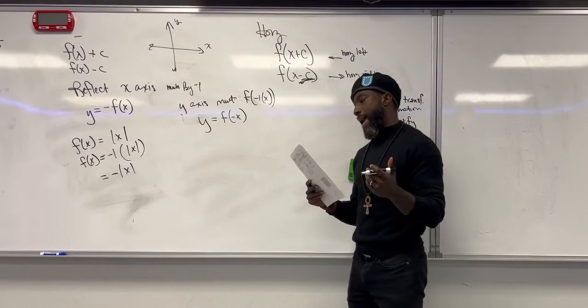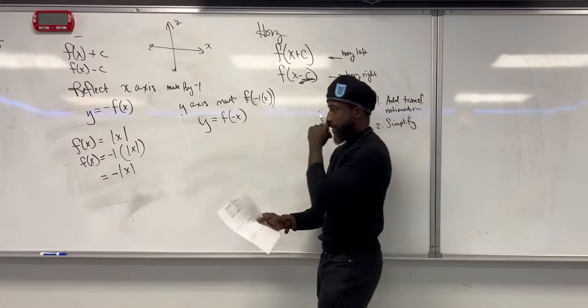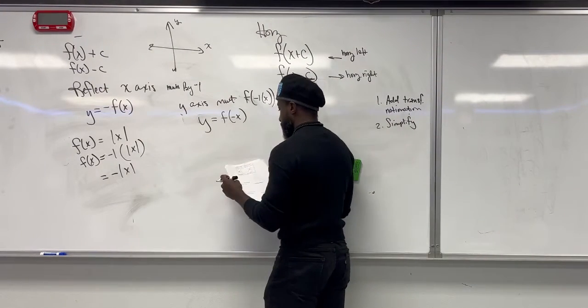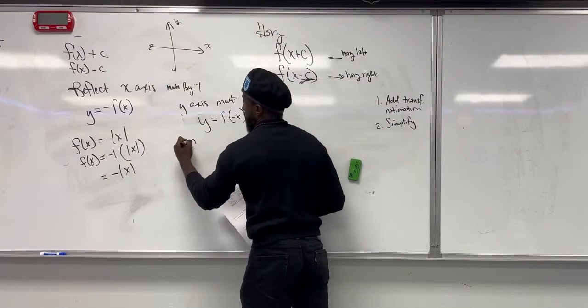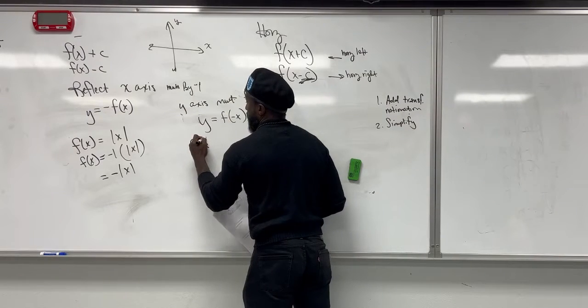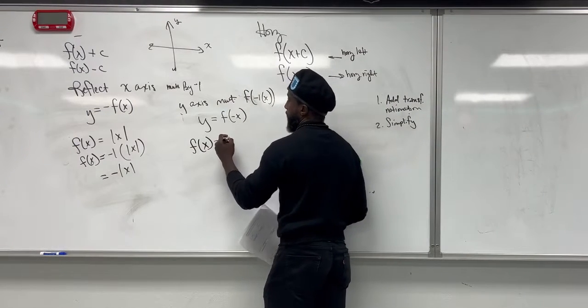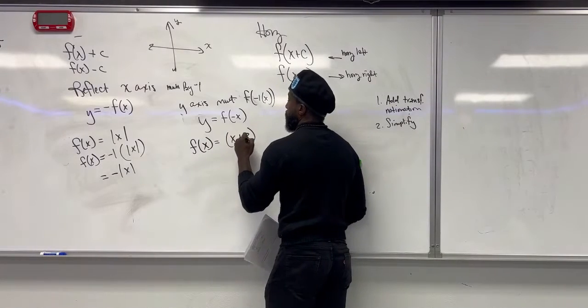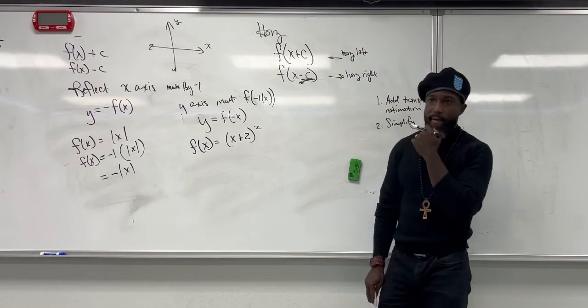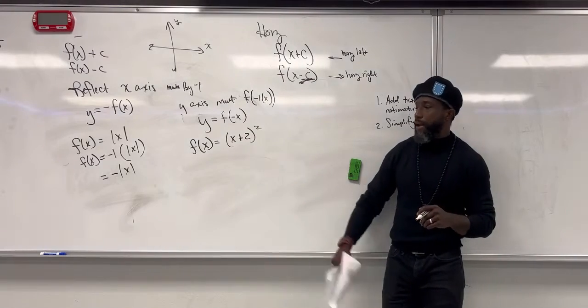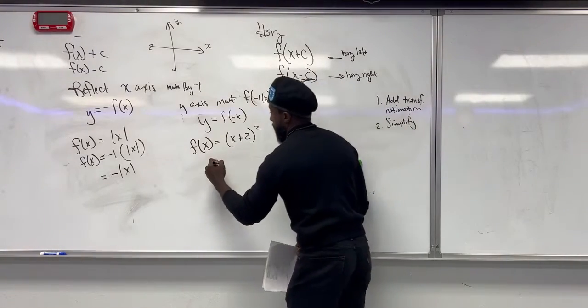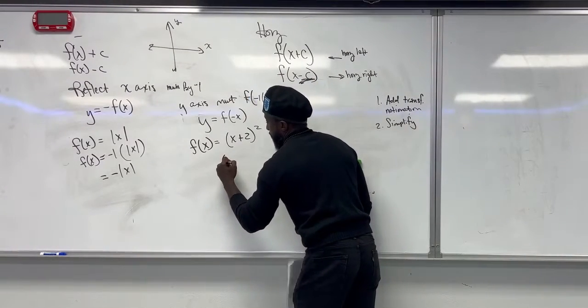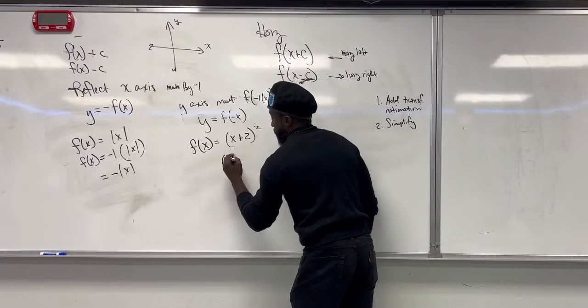So let's look at that example. So if we had f of x equals, say, x plus 2 squared, right? We multiply the inside by negative 1, right?